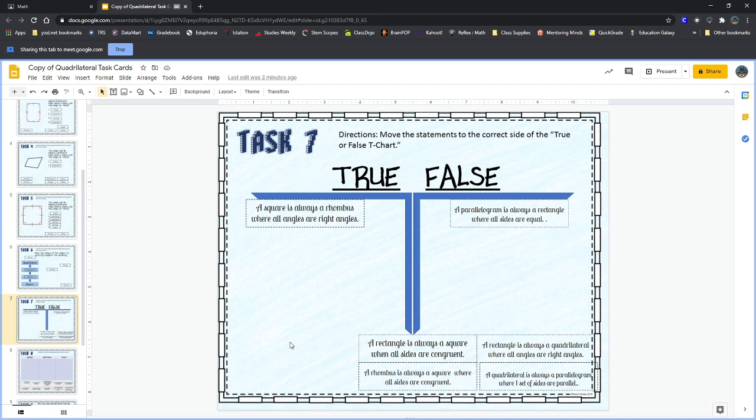So just saying that it's equal, kind of, it's not wrong, like I said. But specifically, congruent is talking about shapes. Same size, same shape. But this one says a rectangle is always a square where all the sides are congruent. All the sides are the same size and the same shape.